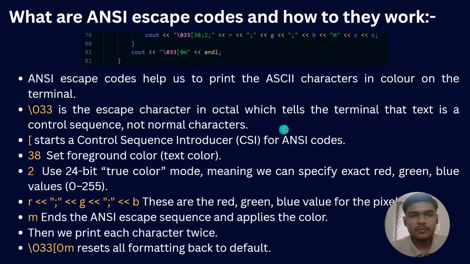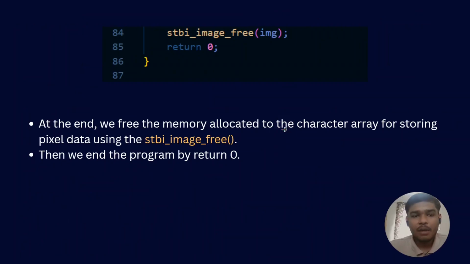So now next, here we come to the end of our program where we call the function stbi_image_free, and pass the character array to this function. What this function actually does is it frees the allocated memory of the character array which was previously storing the pixel data.